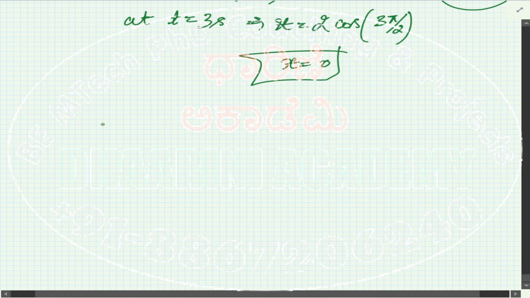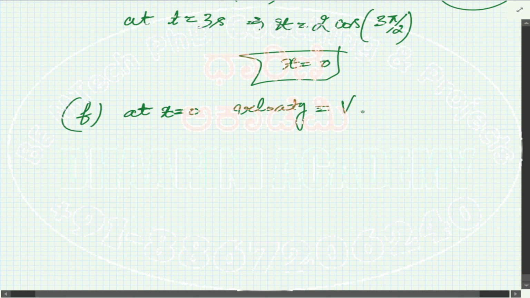Okay, then part F of the question, right? At x equal to 0, because at 3 seconds the body is at the center, x equal to 0, the velocity equal to V max.